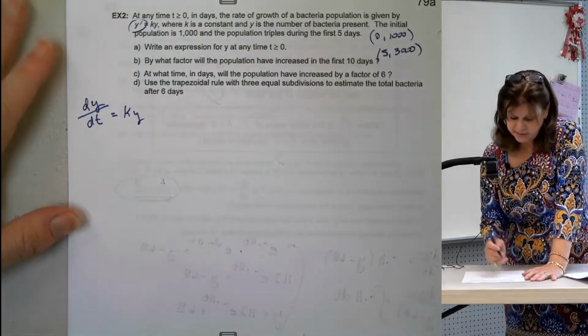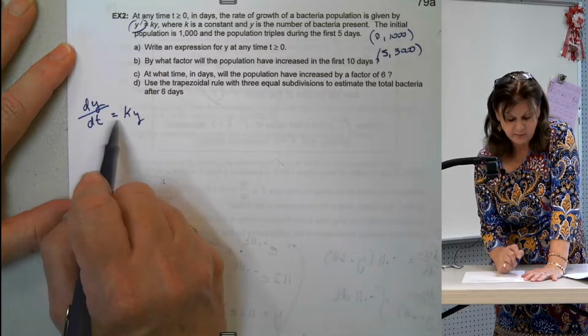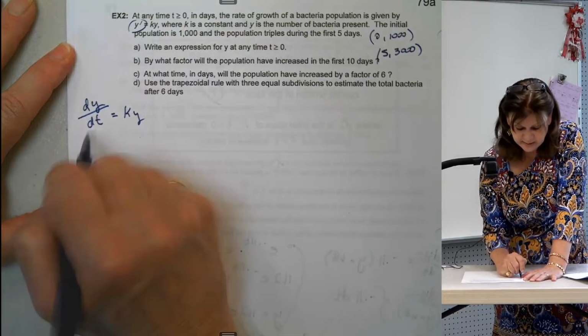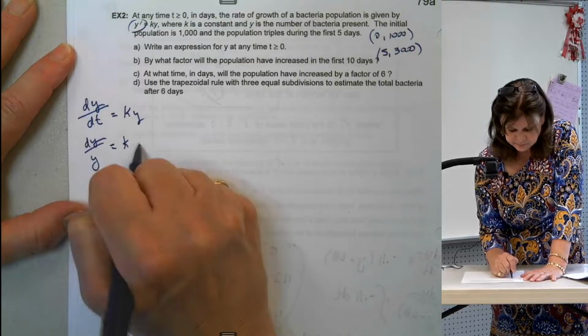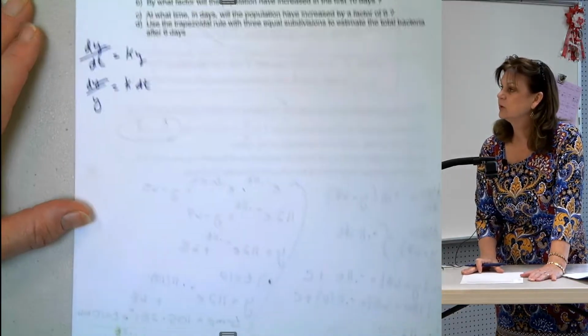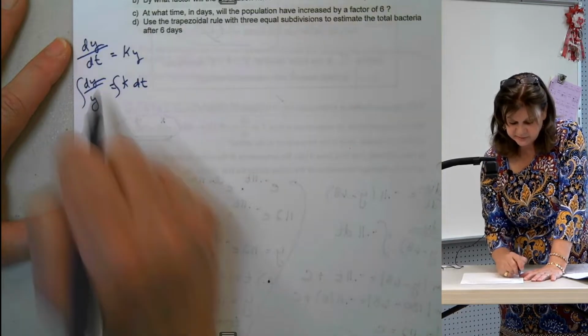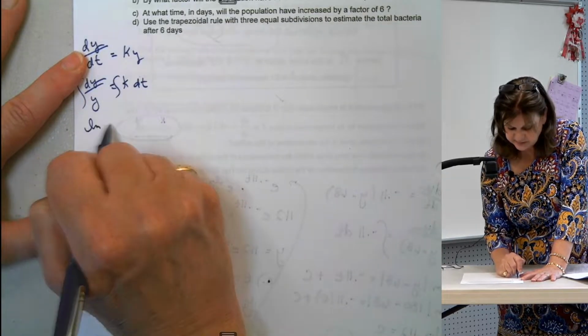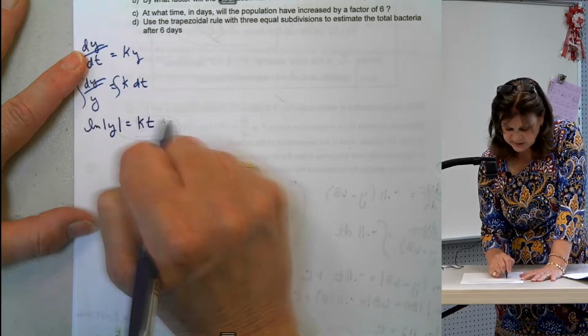So again, here we go. Here's my differential equation. dy dt is ky. We're going to separate. Step 1. We're going to integrate. The antiderivative of 1 over the stuff is ln of the stuff, and then you have k times t plus c.